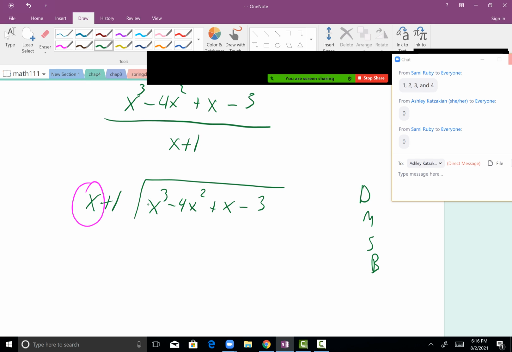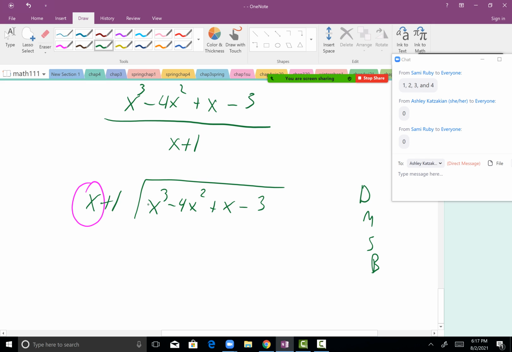What would we multiply x by to get x to the third? You're probably just groaning because it's division. I know. We'd use x squared, because x squared times x is x to the third. So that's the divide part of this.